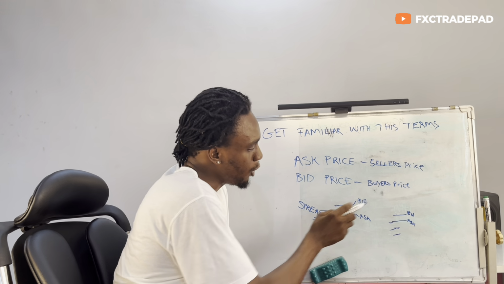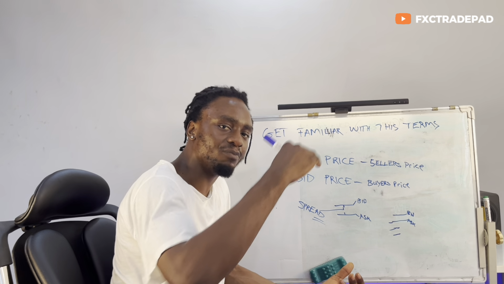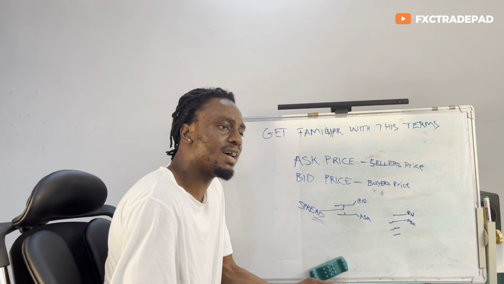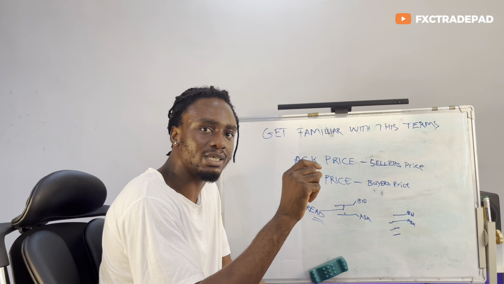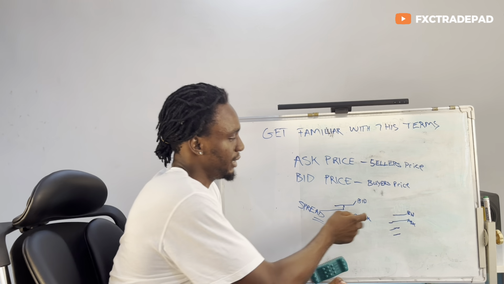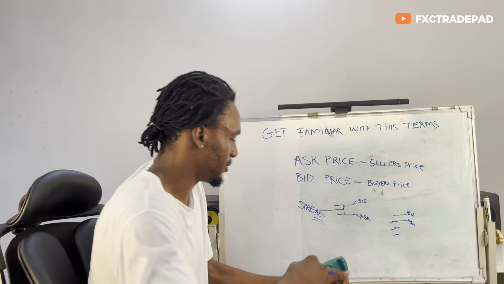So the moment you open a trade, you are in loss. Price has to move below that line before you start making money. That's where they put their commission. So that first loss you see on your MetaTrader 5 once you place the trade is the bid and ask price difference, the spread. That's where the broker makes their money, right?